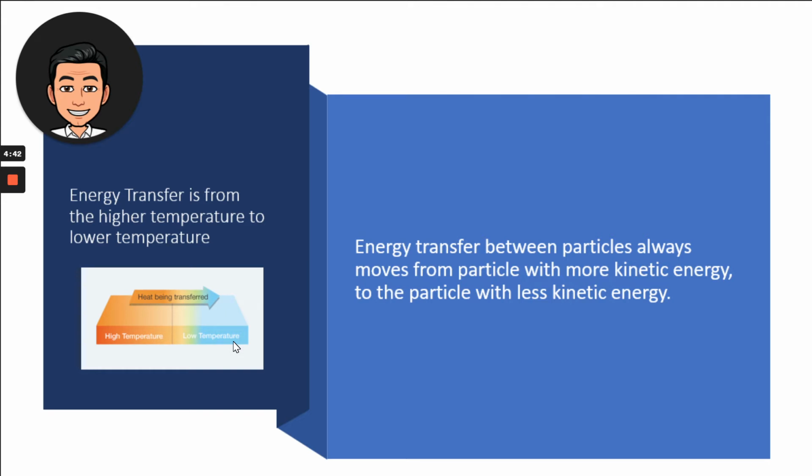We know that because when they do, the particles move faster. Their kinetic energy is higher. So we always move from high to low. Energy moves from an area of higher kinetic energy to lower kinetic energy, or from a higher temperature to a lower temperature. So energy transfer between particles always moves from particles with more kinetic energy to the particle with less.